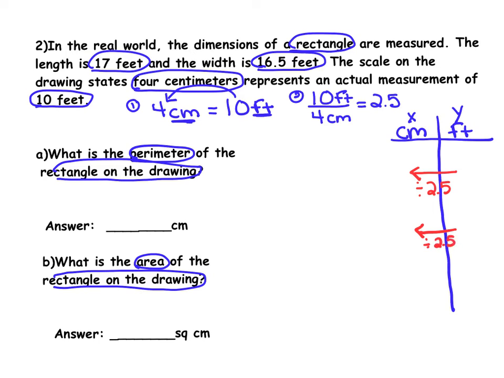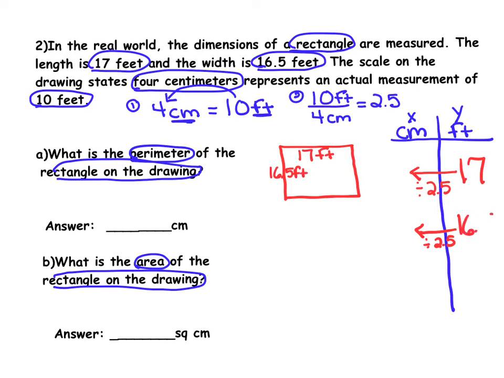Now, let's quickly sketch a rectangle and label it with the actual dimensions. The actual length is 17 feet. So we know that would go in the Y column, 17 feet. The actual width is 16.5 feet.